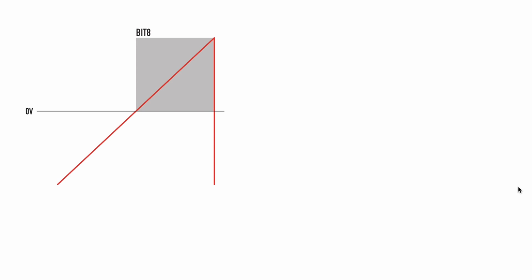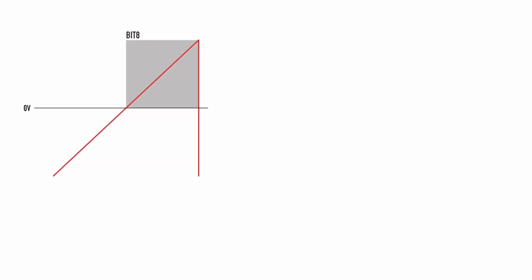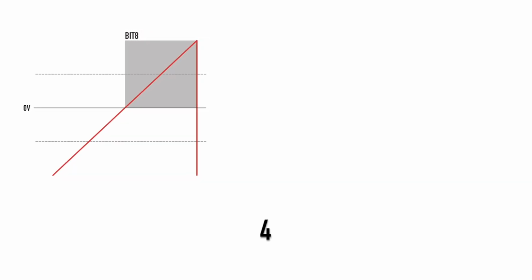To understand how bit 7 works, let's divide this in 2. Now you need to look at the top and the bottom half separately. Whenever the signal is below the dotted line, bit 7 will read 0. This is true for the bottom half as well as the top half of the diagram.